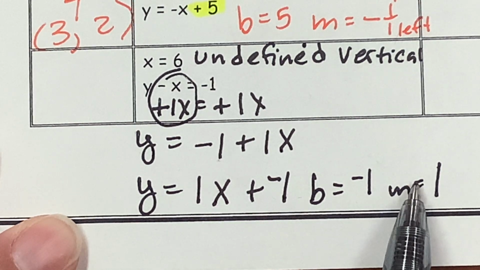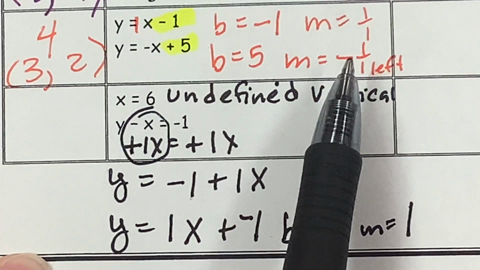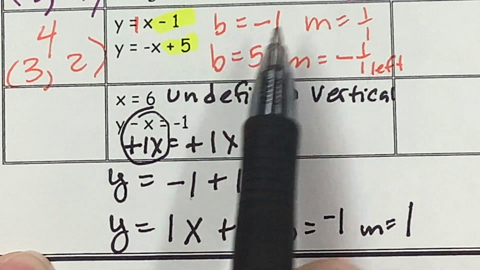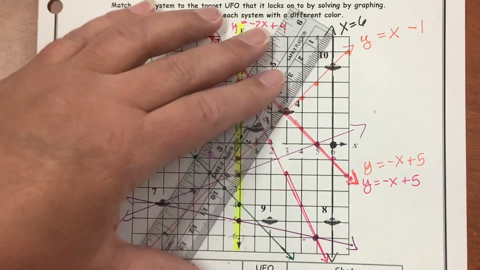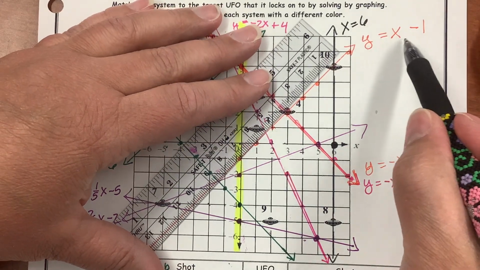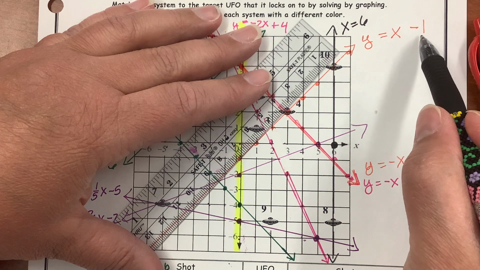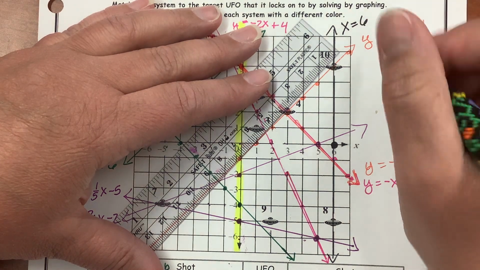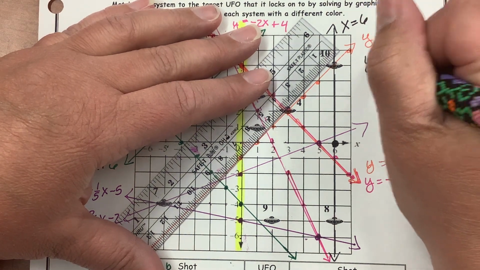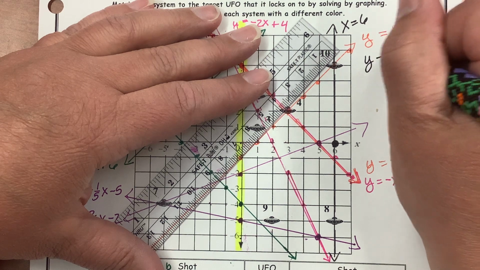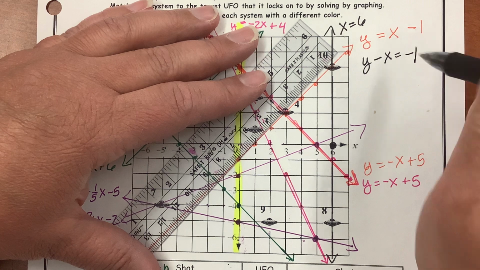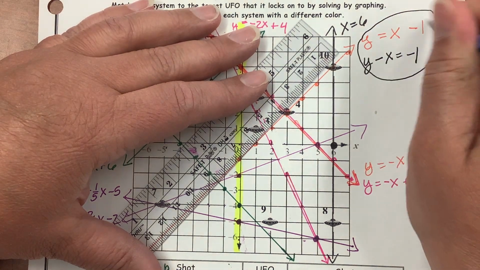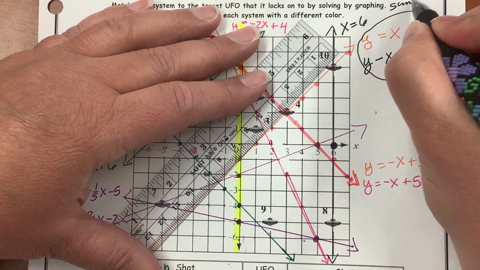And I already have this right here, the orange line. So right on top of that other orange line, this y equals x minus 1 is going to be the same as y minus x equals negative 1. Even though they look different, these are the same line.